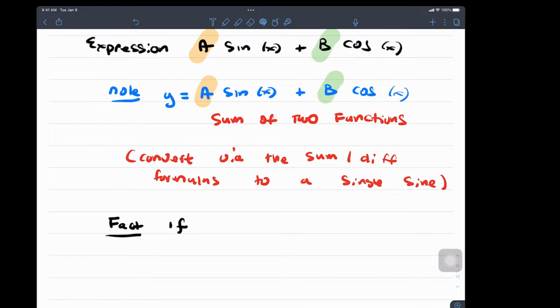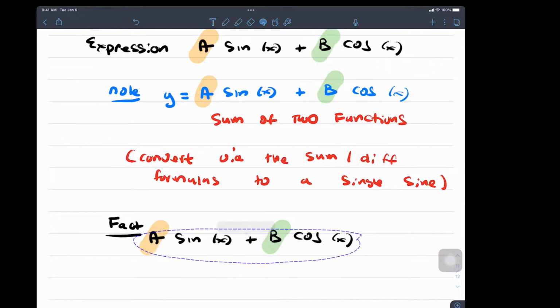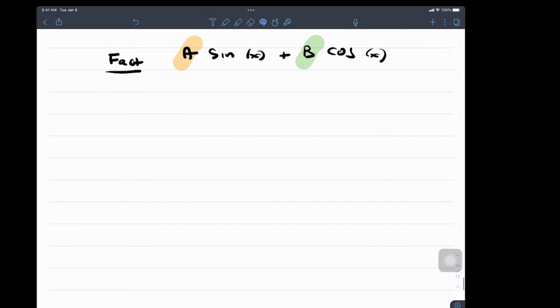This statement is equivalent to, how does your book want to write it, K sine of x plus phi, where K is the square root of A squared plus B squared.